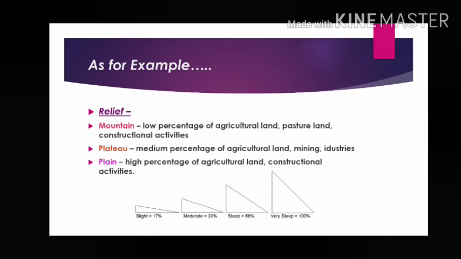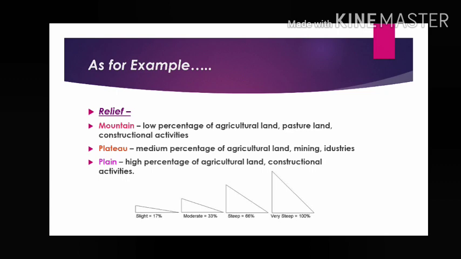That's why in mountainous region maximum land is coming under forest, and it is not used for crop cultivation. It is a little bit in use for pasture land, that means grazing land, grassland, and construction activities. It is also very less, because already you have seen very steep and steep, these two areas are coming under mountainous region, and there these types of activities are very difficult to do.